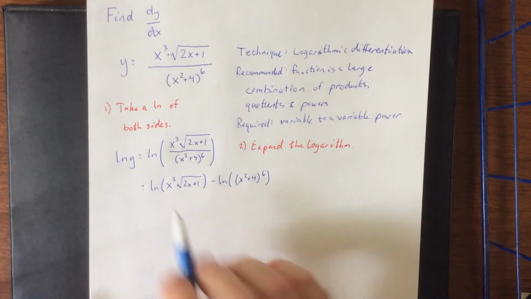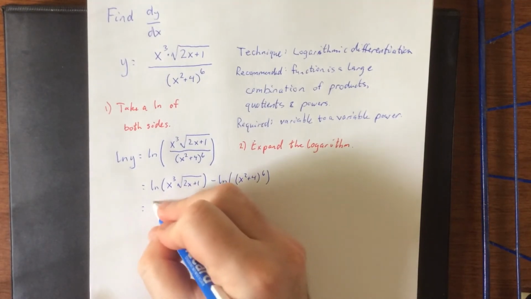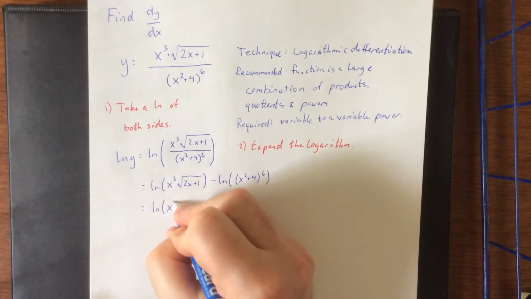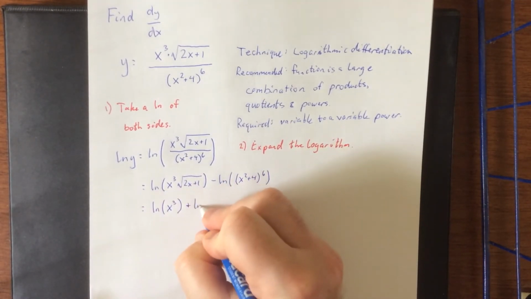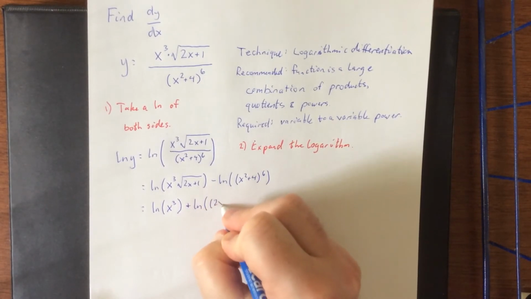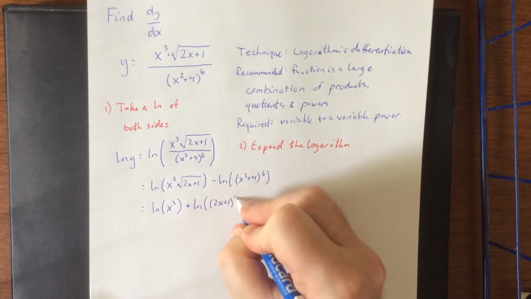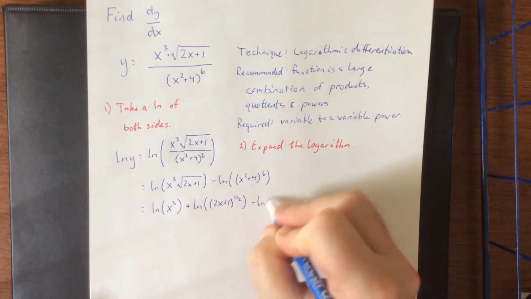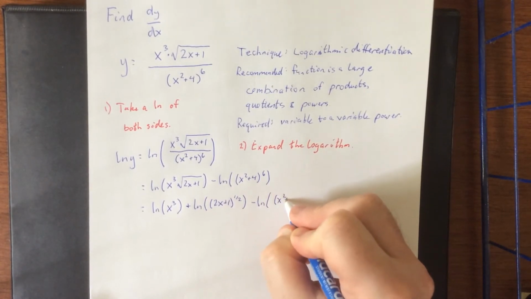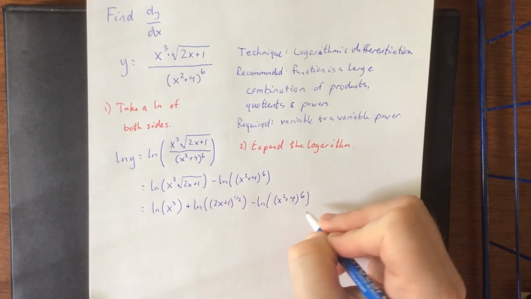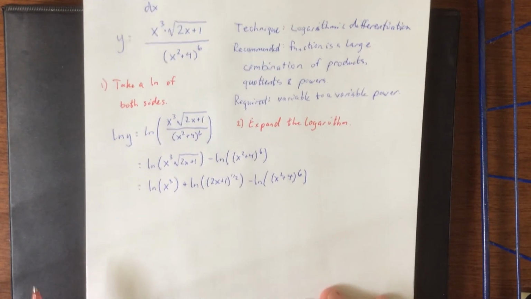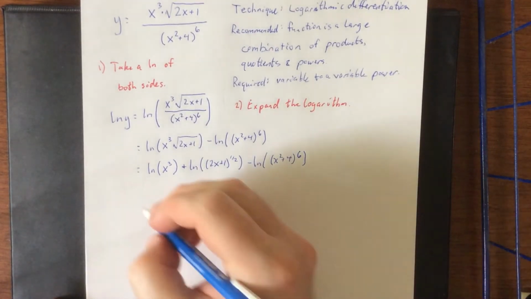Then we'll apply the product property to the first natural log. Call this the natural log of x cubed plus the natural log of the square root of 2x plus 1. We'll call that a 1/2 power though, minus the natural log of x squared plus 4 raised to the 6th power. And finally we'll apply the power property to all three of these.